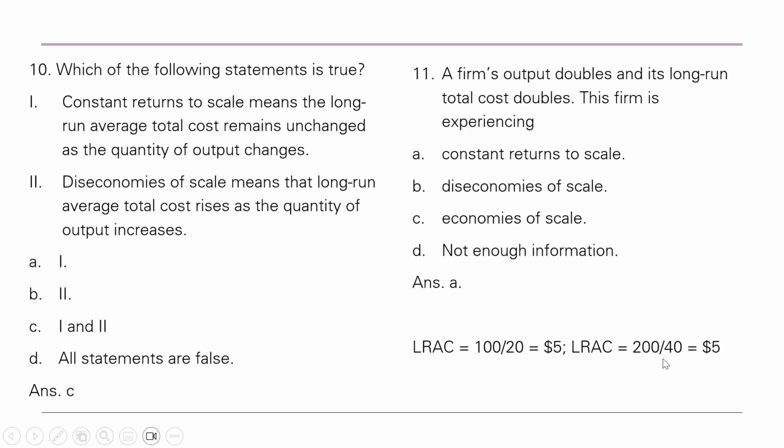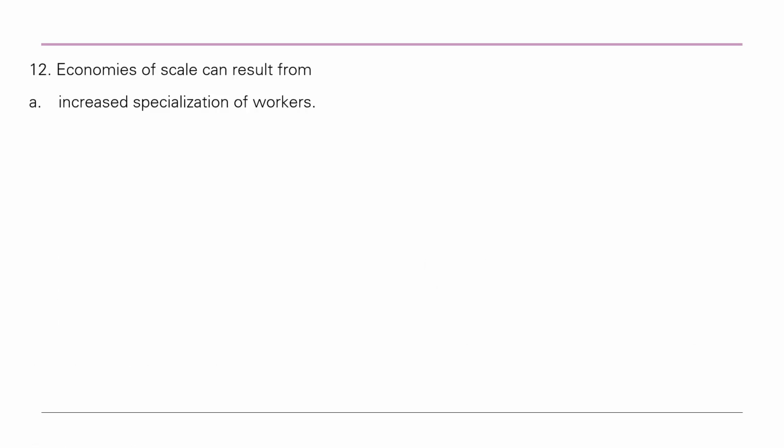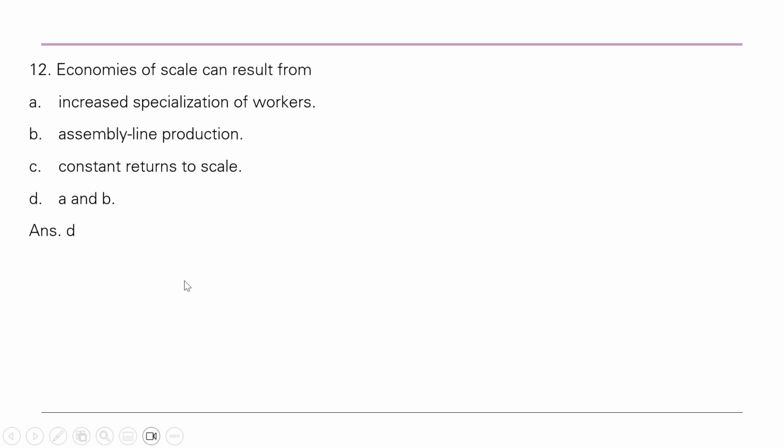If the firm were to double its output, the output goes from 20 to 40 units, and the firm's total cost doubles, the long-run average cost remains unchanged. So this is a case of constant returns to scale. Question 12, economies of scale can result from... Correct answer here is going to be D, answer choice A and B.